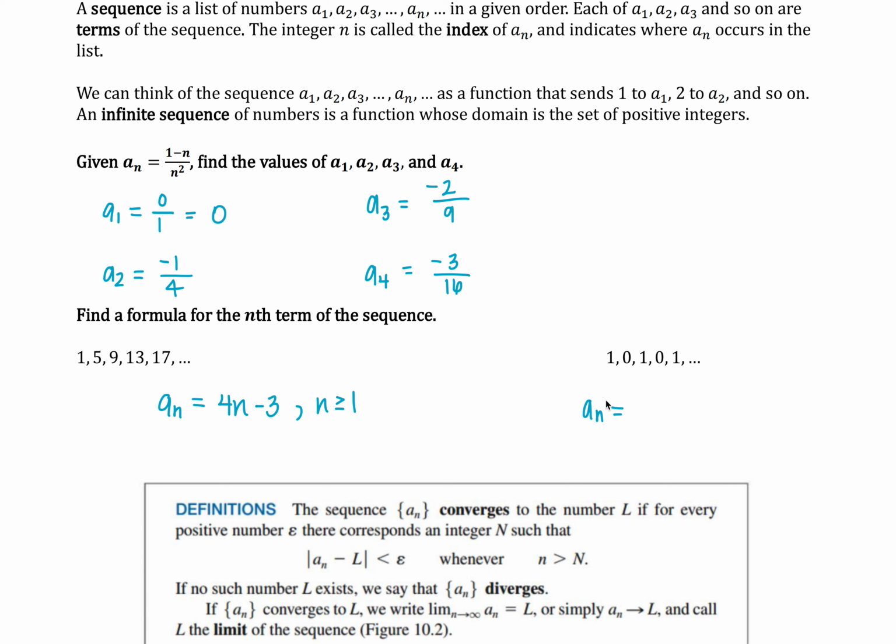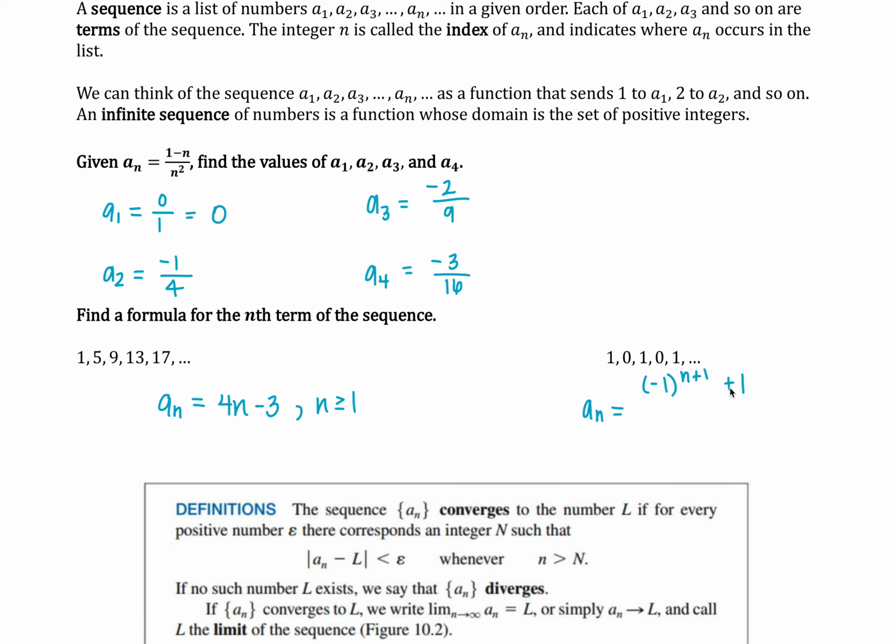Since my first term of the sequence is going to have n starting with a 1, what I'm going to do is start out by taking this negative 1 to the n plus 1. So on my first term of the sequence, when n is 1, negative 1 is going to be raised to the second power. So it's going to give me a positive 1. And what I'm going to do with that is add it to 1.